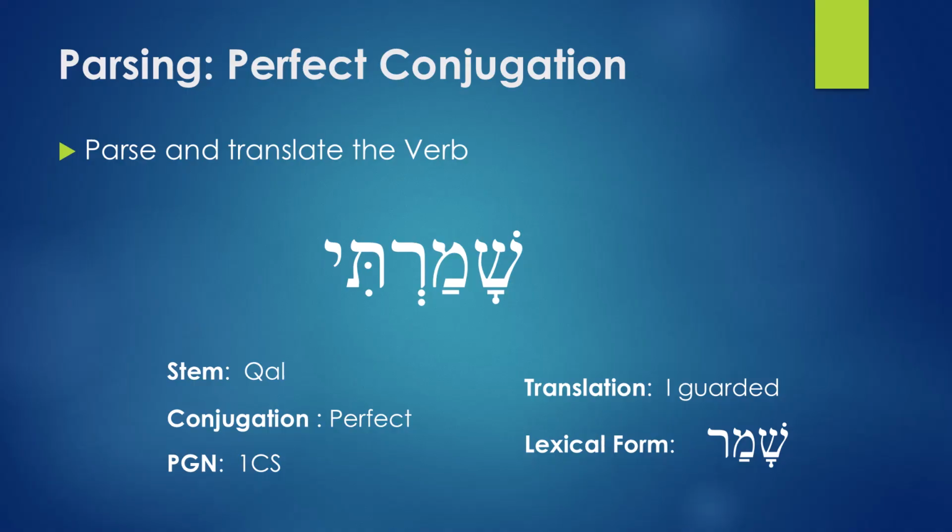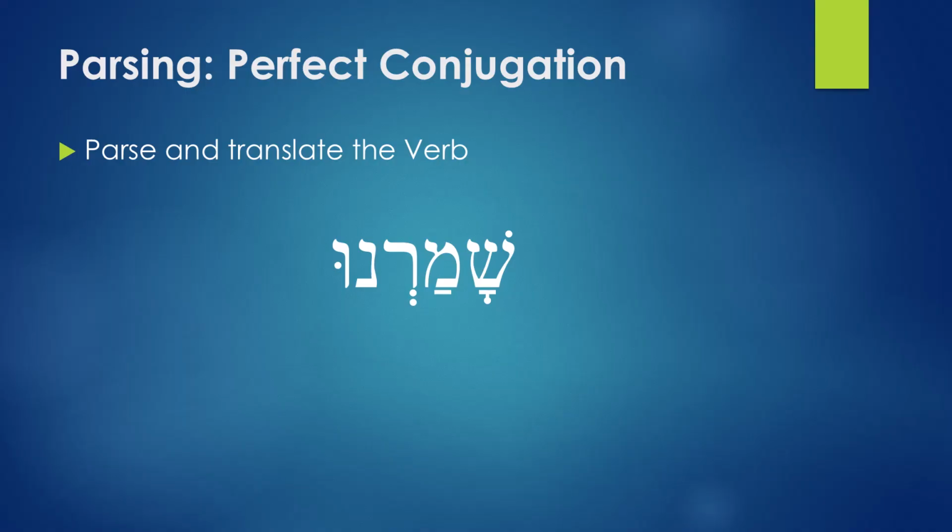And you translate 1CS as I. But I what? The meaning is coming from the root, and the lexical form is shamar. Shamar means he guarded or he kept. So shamarti means I guarded or I kept.